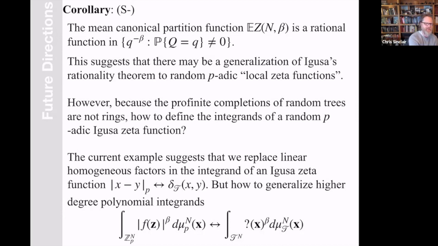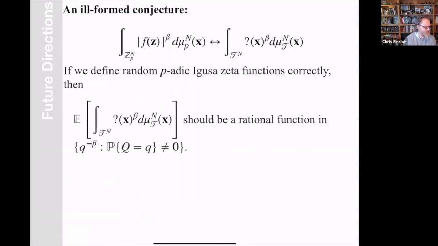So basically any multivariate polynomial that factors into homogeneous linear factors, I think is going to have this kind of generalized Igusa rationality, right? So that if you did that over the random profinite completion of a branching process with law Q, you would get a rationality result in Q to the minus beta, where Q is all the possible values of children that you would possibly have.